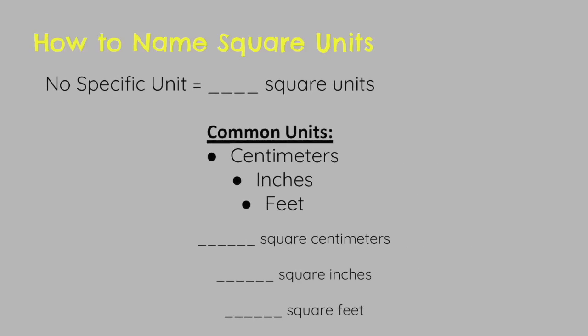For example, a figure measured in square inches means that the squares used to cover the inside of the shape have side lengths of 1 inch. Since I'm not measuring from one point to another, I can't label area using just inches. I measure by covering using a square, which is why my unit will be square inches.